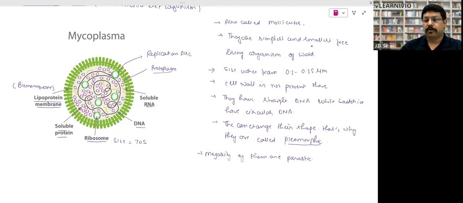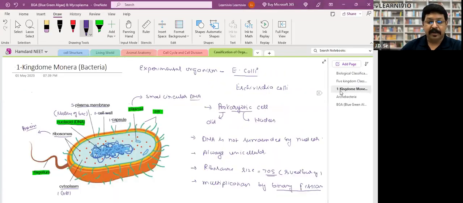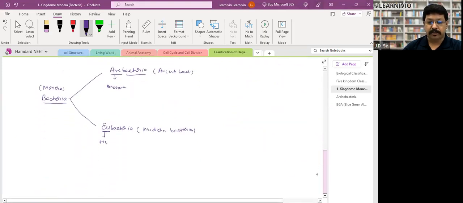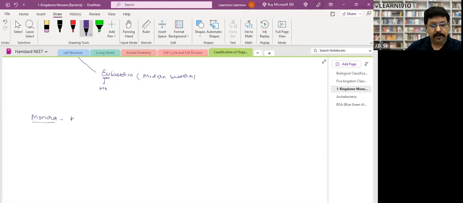Okay. So look, here we have studied one thing, kingdom Monera. Monera has three representative organisms. In Monera we have incorporated three things. We know that Monera is the kingdom of prokaryotes, right? And here we have studied three kinds of organisms.